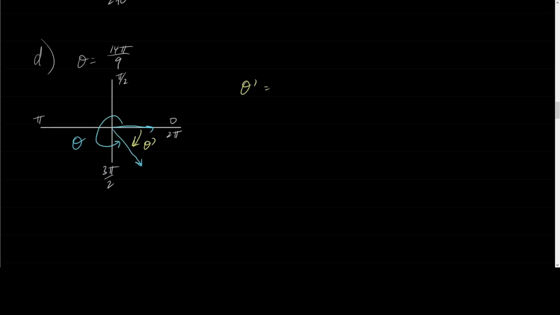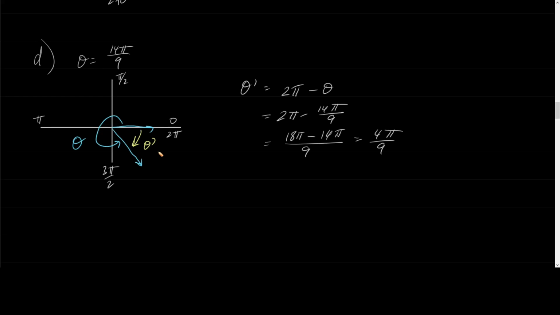So the reference angle is the full revolution, which is 2 pi, minus the original angle. So I've got 2 pi minus 14 pi over 9. In terms of ninths, with a common denominator, 2 pi is 18 pi over 9, giving me 4 pi over 9 as my reference angle. All right, so this right here, our reference angle, is 4 pi over 9.